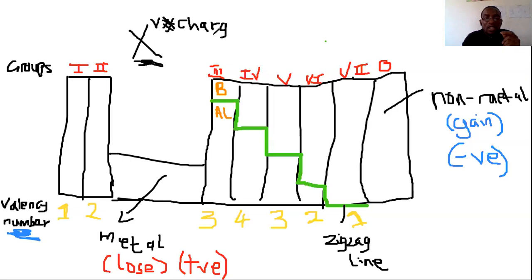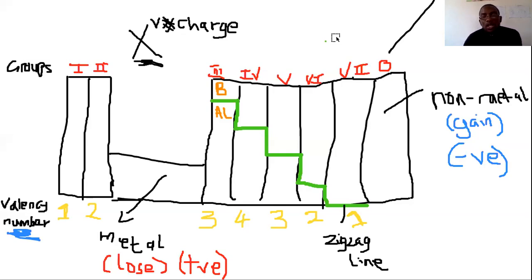Is this particular atom a metal or a non-metal? If it's a metal, I'll put a positive charge. If it's a non-metal, I'm going to put a negative charge. This is the most important information that we need to understand when it comes to the writing of ionic symbols.